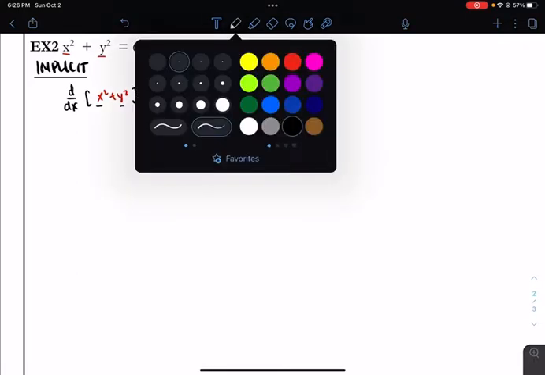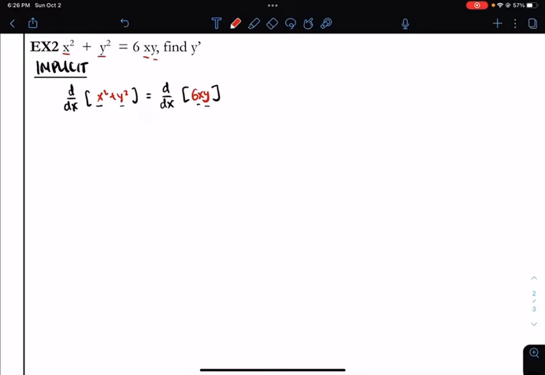If we take the derivative of x squared, that's going to give us 2x. And if we take the derivative of y squared, it's going to be 2y, but because we want to combine it with the chain rule, we're actually multiplying 2y by y prime.